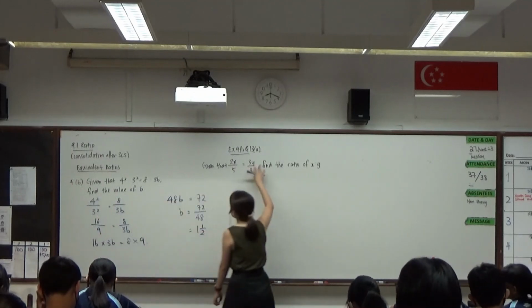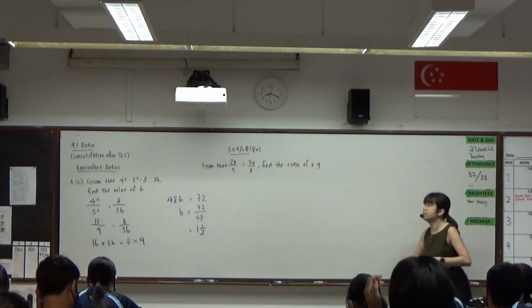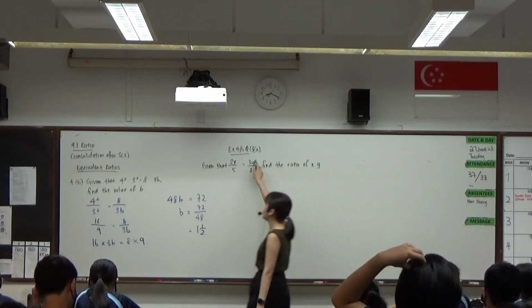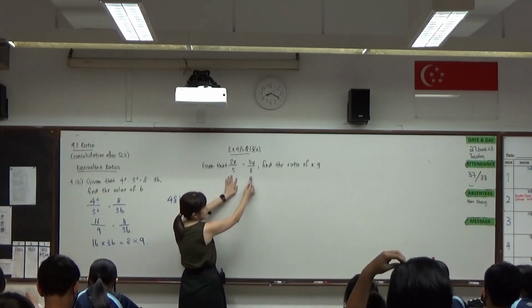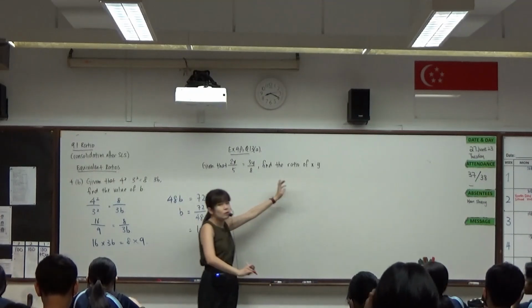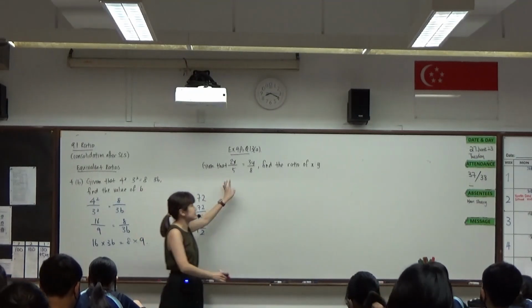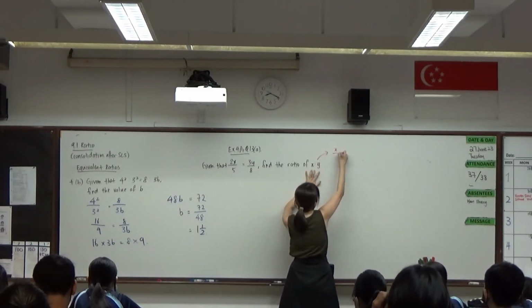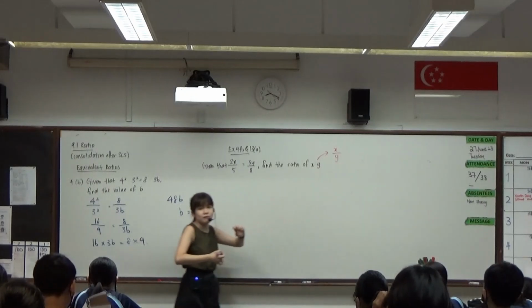Okay, so now, attend to this exercise 9A question 13A. We are given an equation with fractions in it, and we want to find the ratio of x to y. So the first thing that we must understand is that the equivalent form of ratio is a fractional form of x over y.